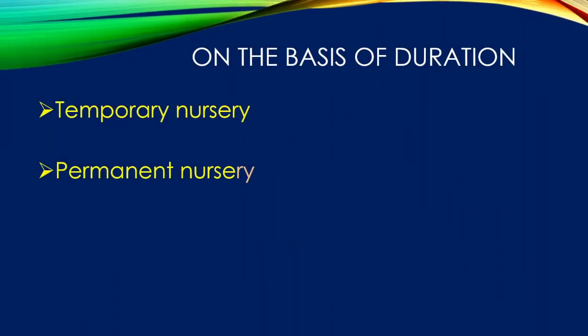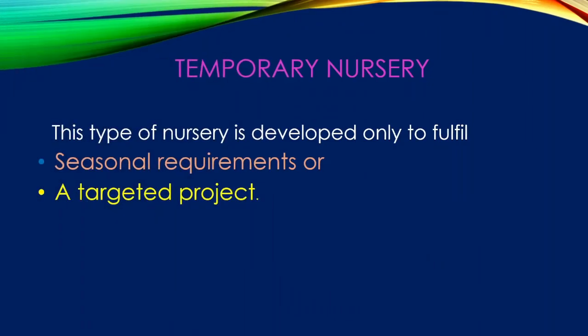On the basis of duration, nurseries are classified into two types. They are temporary nursery and permanent nursery. Temporary nursery. This type of nurseries are established only for a short duration. So, they are usually established to fulfill the seasonal requirements or to fulfill a targeted project.